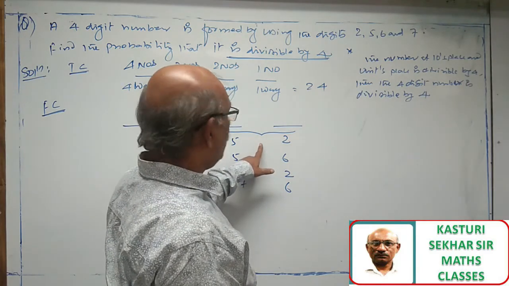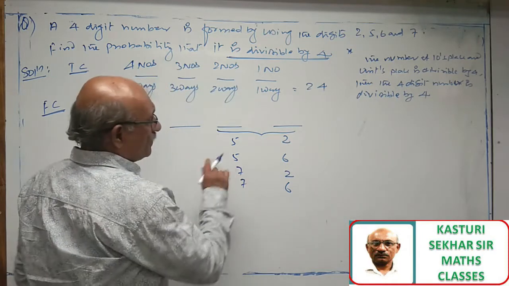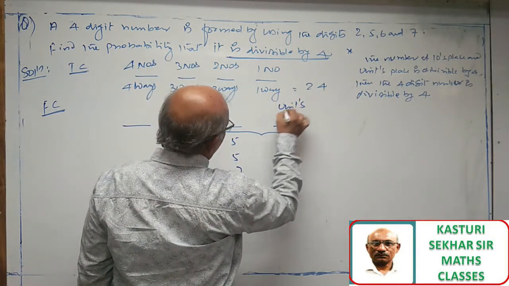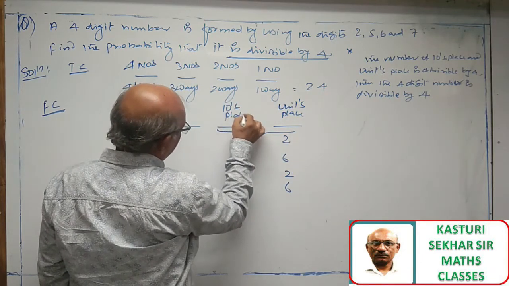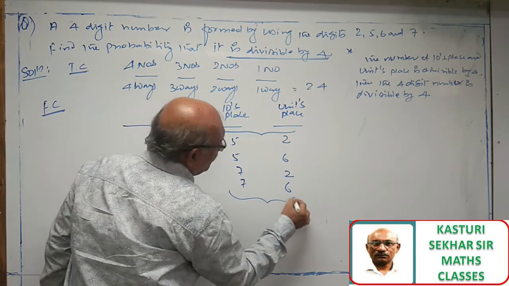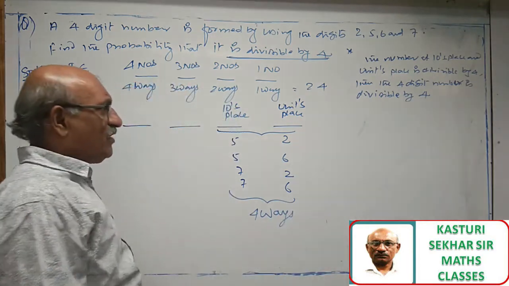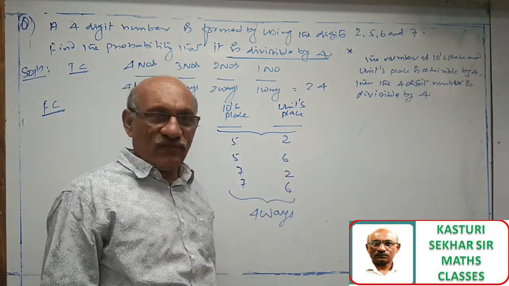So in how many ways can the units place and the tens place be filled? This can be filled in 4 ways.